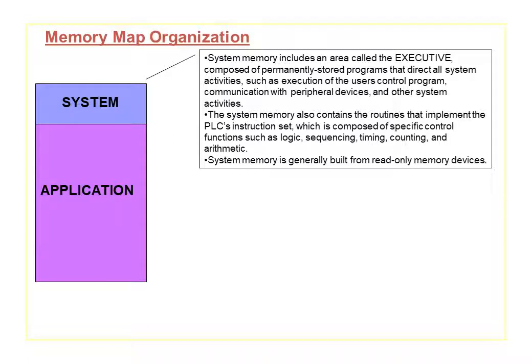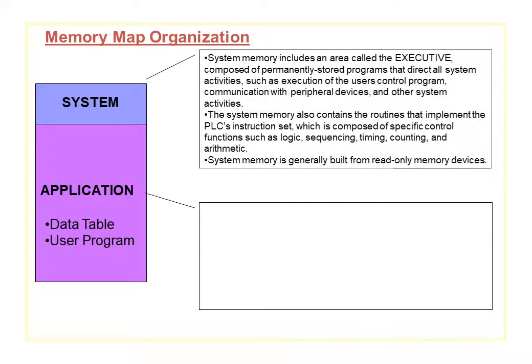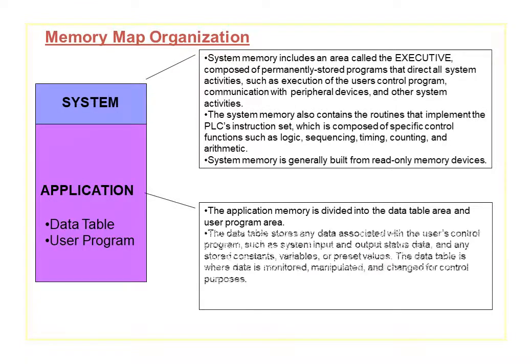The second part of the memory map organization is application memory, and this application memory has the data table and user program. The data table stores any data that is associated with the user's control program. It can be system input and output status data.